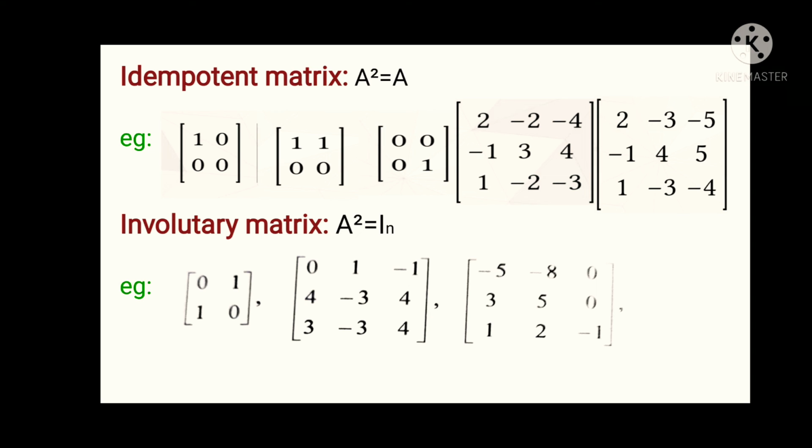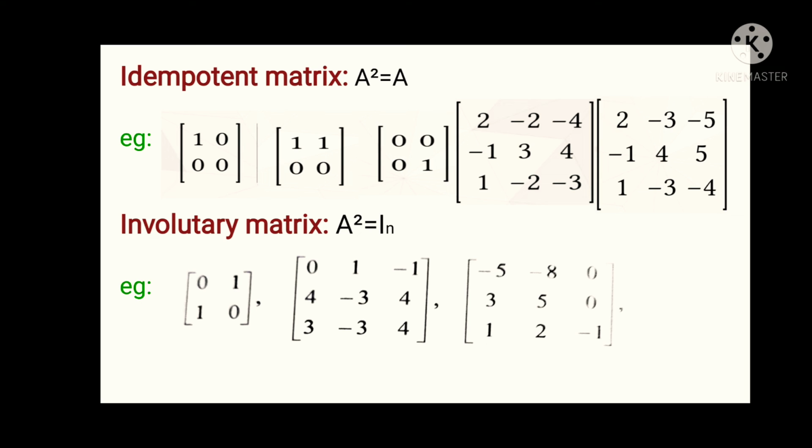Here you see the 3 by 3 order matrix, and the first column of the second row and the first column of the third row are the same numbers, but the sign is changed.